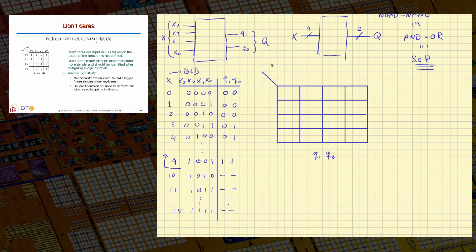Now the variables I will take like this: x3, x2, x1, x0. The sorting is also very important. You can sort the variables as you like, but depending on how you sort the variables, it depends on what min terms you have in your function and what number they represent.